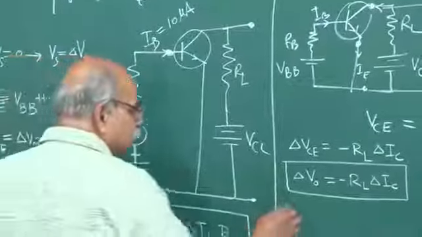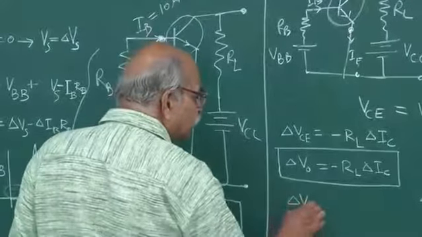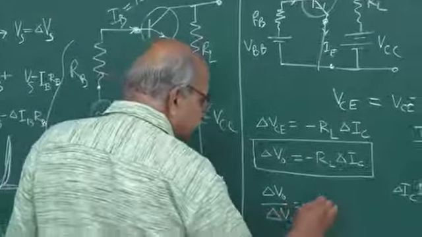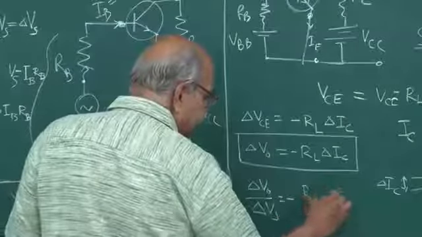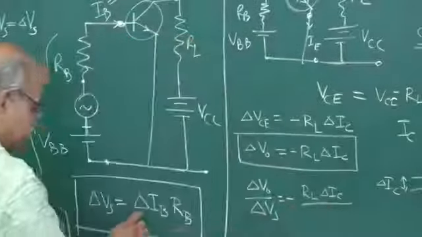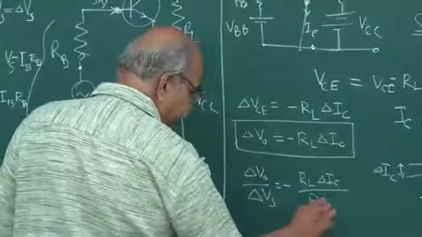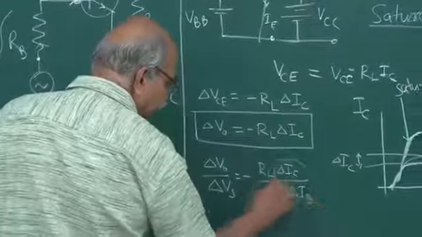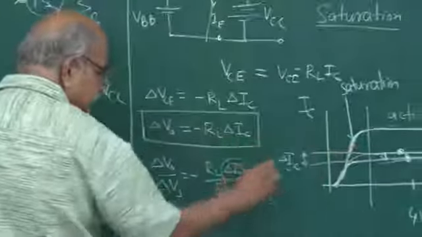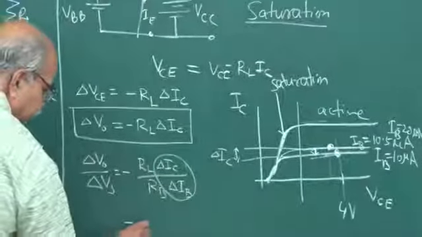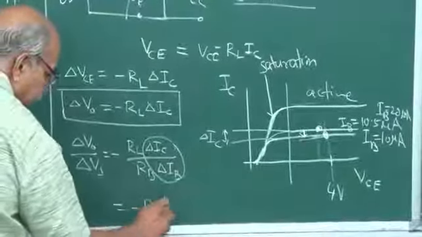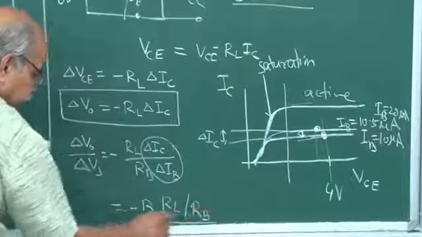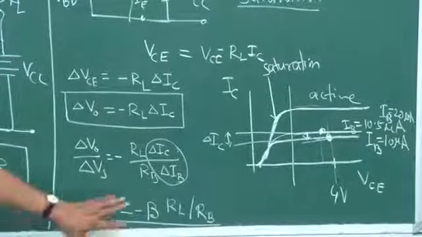So delta VO divided by delta Vs is minus RL delta IC, divided by RB and delta IB, and this is beta. We are in the active region, so this is beta. So, this is minus beta times RL by RB, and this is constant.